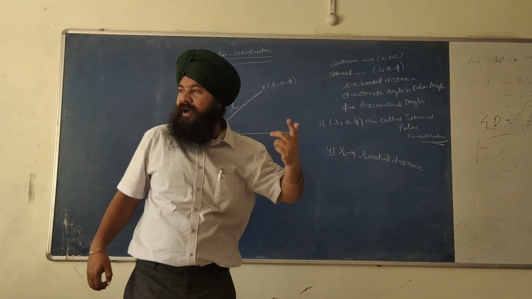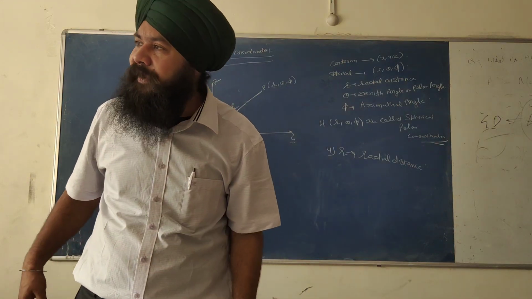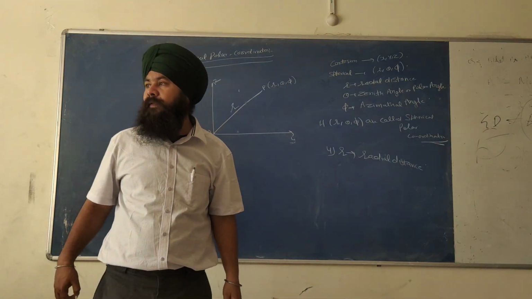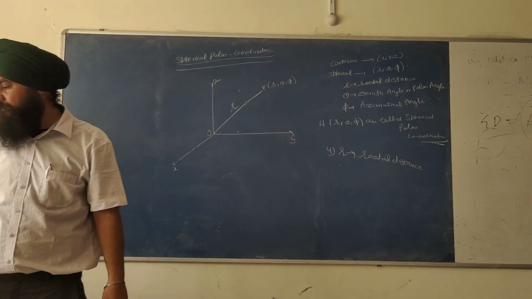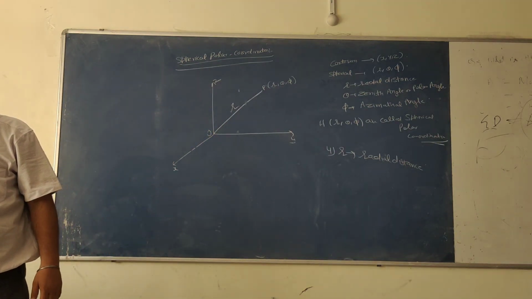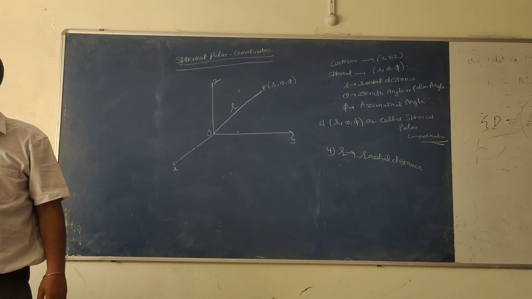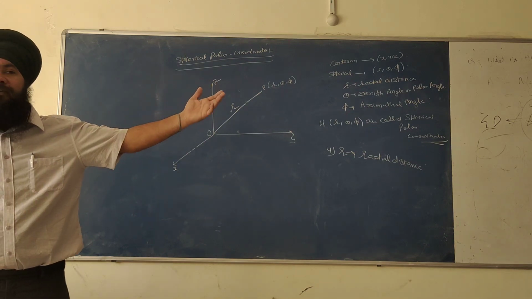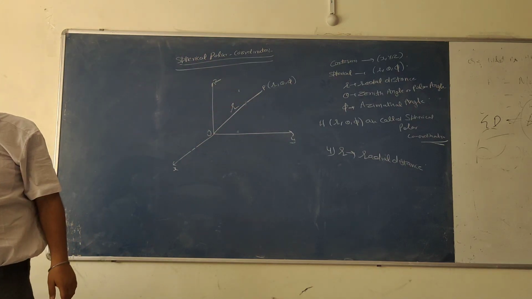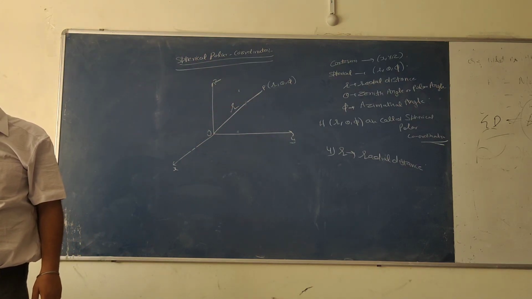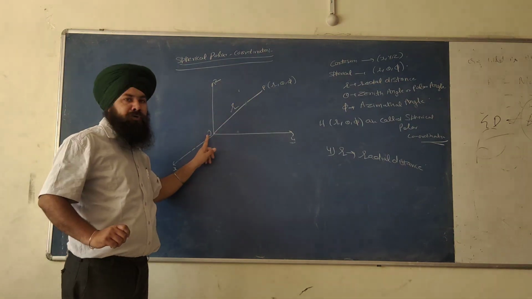Now we will define what is r, what is theta and what is phi. R is the radial distance, and R is also called the sphere of radius R. R is the radial distance of point P from the origin.